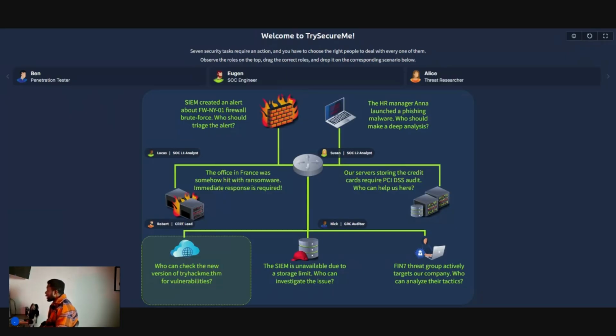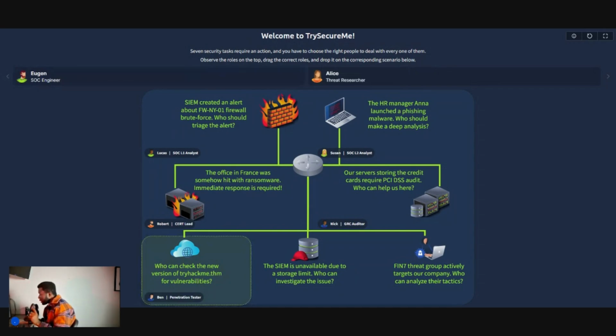So they act as a potential hacker to look out for these loopholes, right? So since you are saying who can check the new version of the TryHackMe THM for vulnerability, the penetration tester is the person who you will take to that point because that is the role.